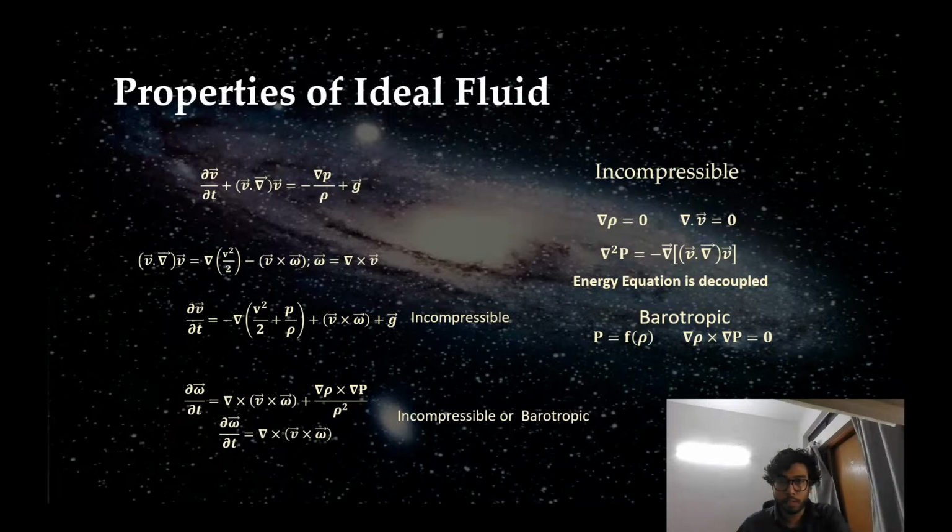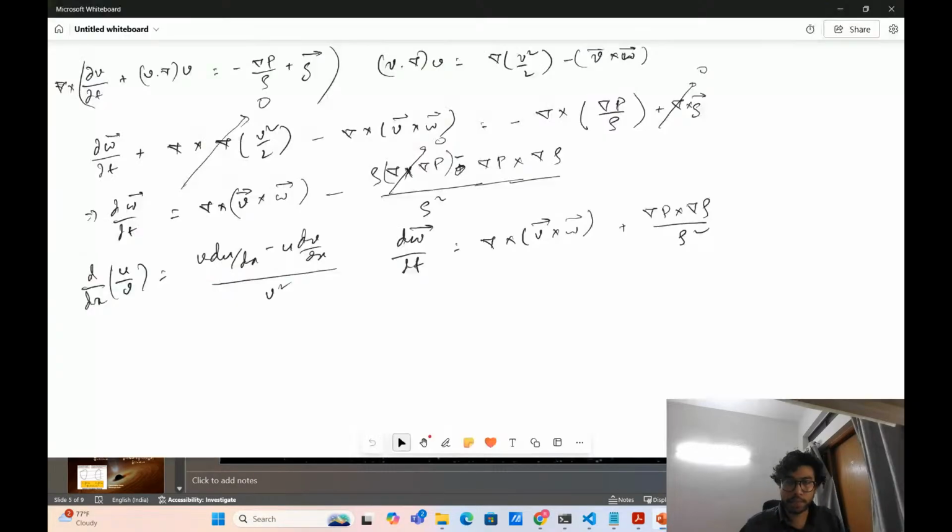So if let's say your pressure is a function of rho, so then what will happen? So del P will be F dash rho del rho, right?